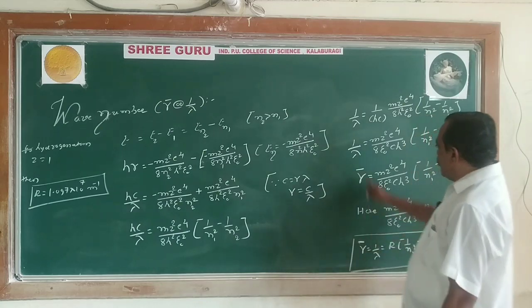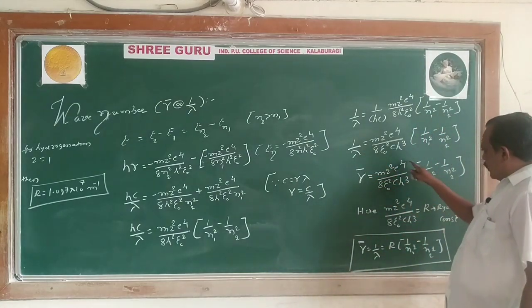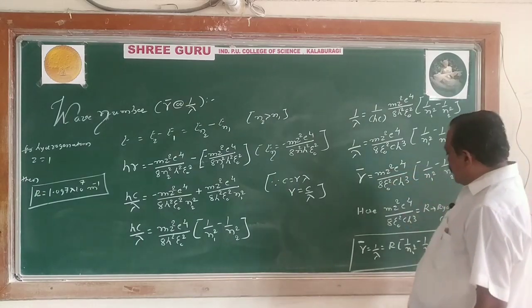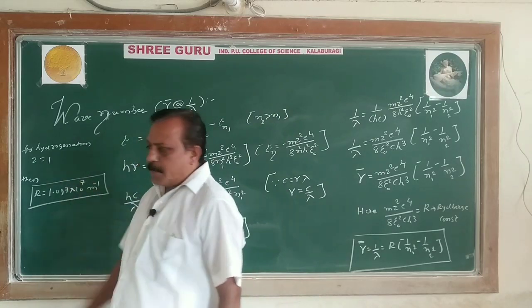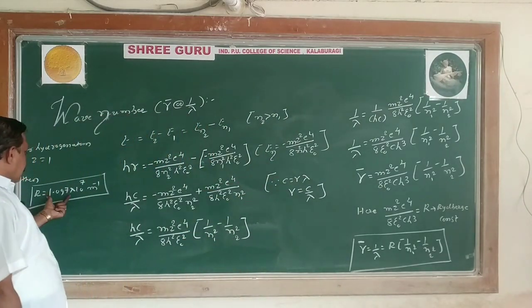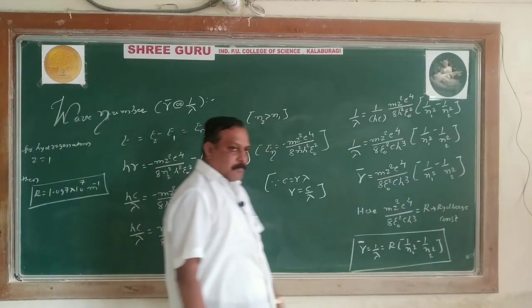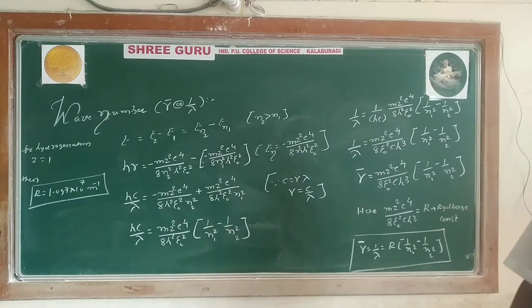Then I need 1 by lambda, that is nothing but wave number. This whole constant is the Rydberg constant. The value of the Rydberg constant for the hydrogen atom, by considering Z equals to 1 and substituting all the constant values, is 1.097 into 10 to the power of 7 per meter. Now this is the expression for wave number.